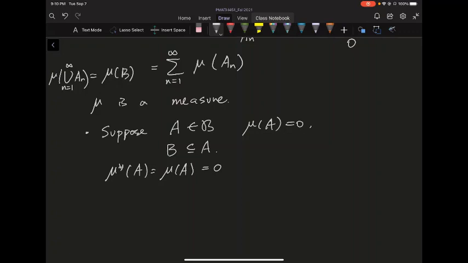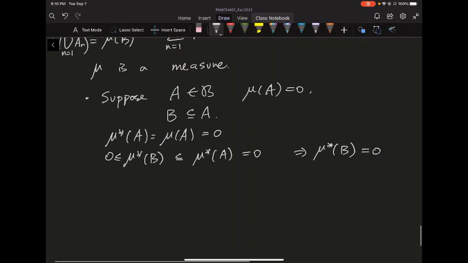Even though we don't know whether B is measurable, we know that mu star satisfies the monotonic property, so the mu star of B has to be less than or equal to the mu star of A, which is equal to 0, and it's non-negative. So at least we know B has mu star equal to 0. B is a null set under mu star, but I need to show it's actually measurable.